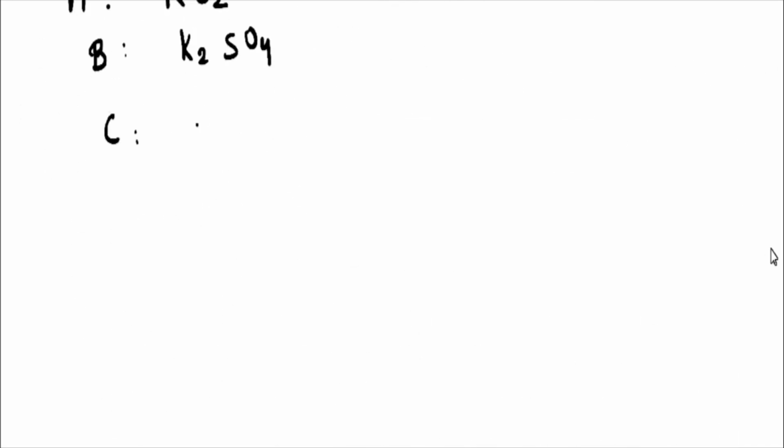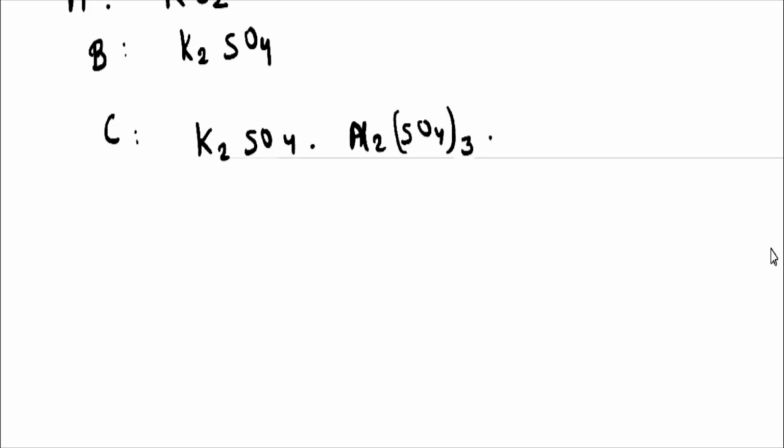C is the alum, K2SO4.Al2(SO4)3.24H2O, which is basically our potash alum.